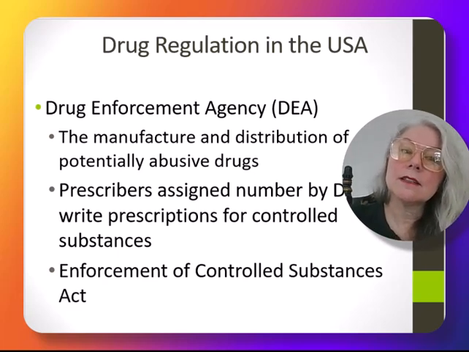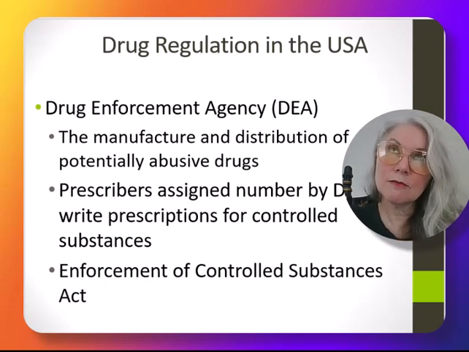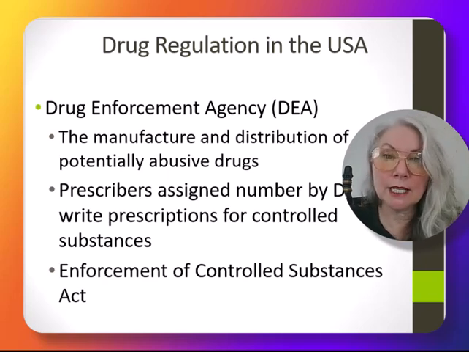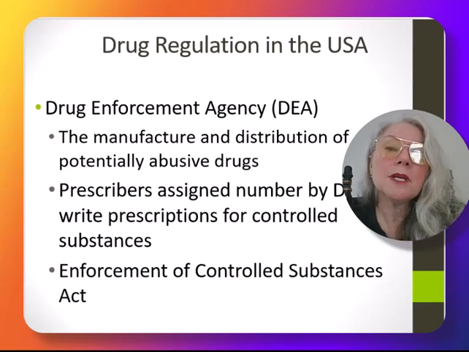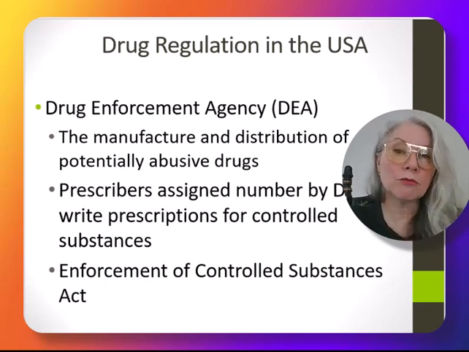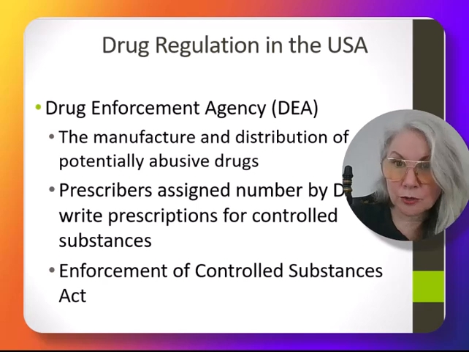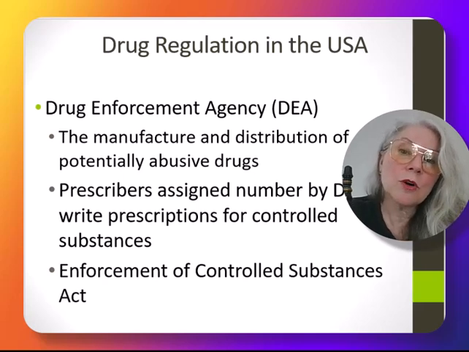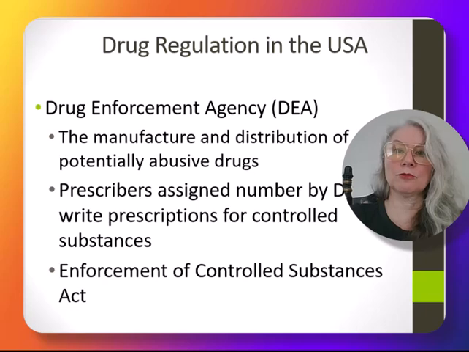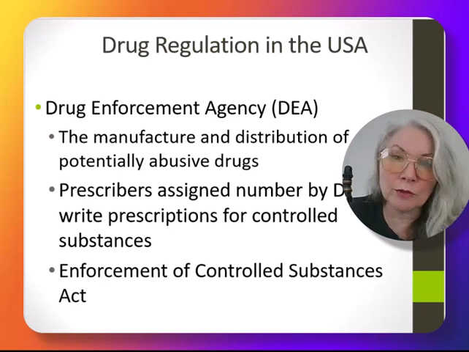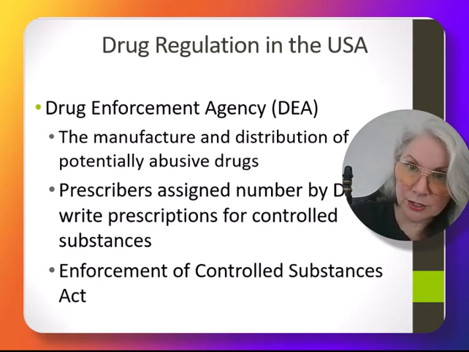And the DEA really monitors who's writing prescriptions. Like a pedodontist should not be writing a lot of prescriptions for opioids, versus an oral surgeon might write a lot of prescriptions for opioids after a third molar extraction or an implant surgery.